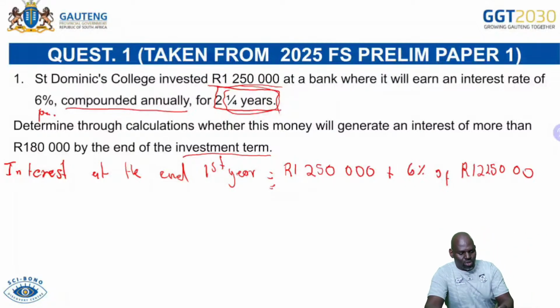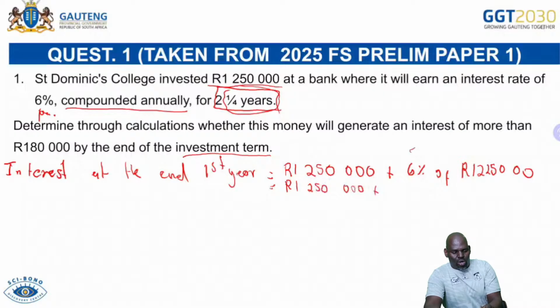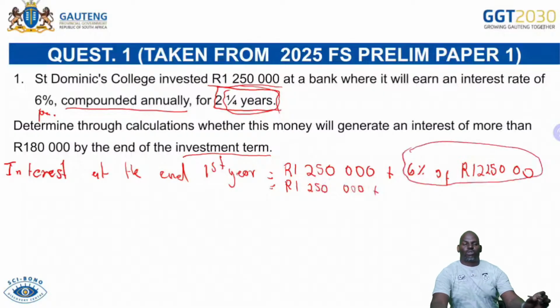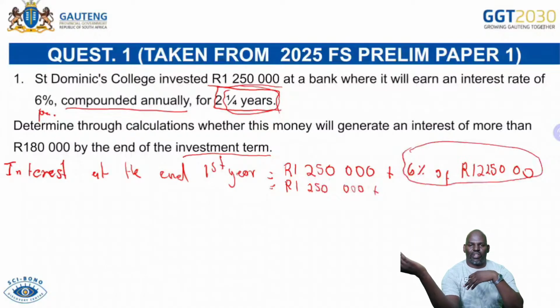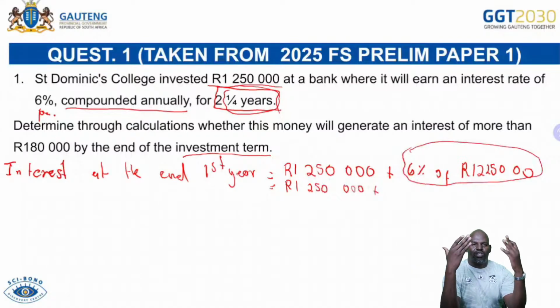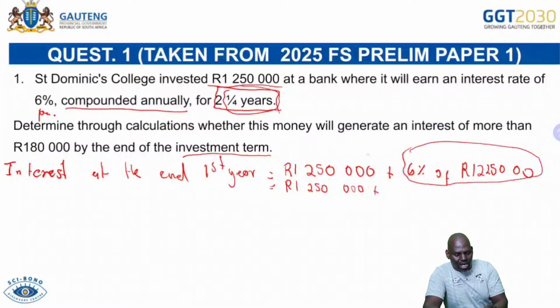So for this one, we say 1,250,000 plus. Now we need to calculate 6% of 1,250,000. I know that some of you will prefer to indicate 6 over 10 and then say times 1,250,000. Or some will say 6 over 10 and change it to 0.6, because 6 divided by 10 is 0.6. But if I take my calculator here, I say 6% or I just say 6 over 100.